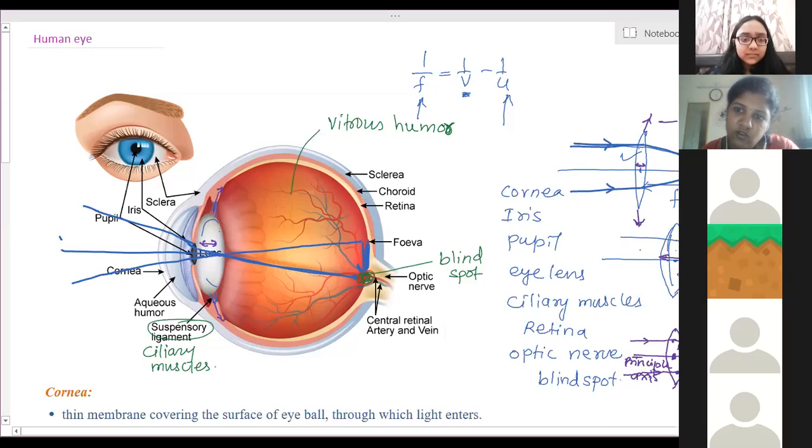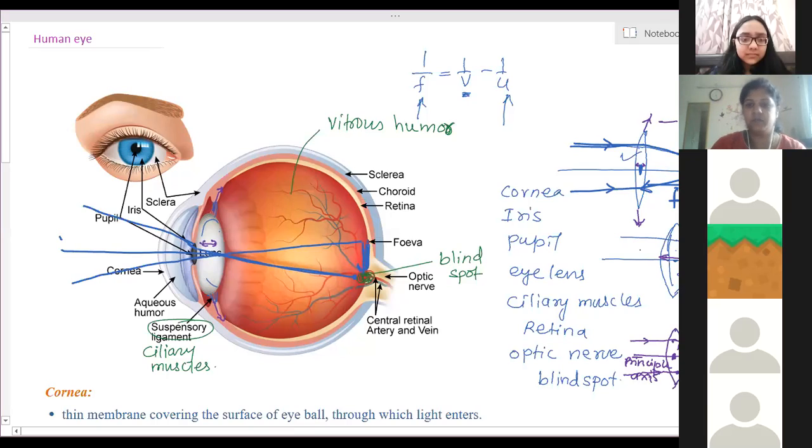All of them converge at one particular point, and that point is called the focus. The distance between the center of the lens and the focus is called the focal length. This focal length has to change due to change in objects. To see objects present at different positions, the focal length of the lens should be changed.